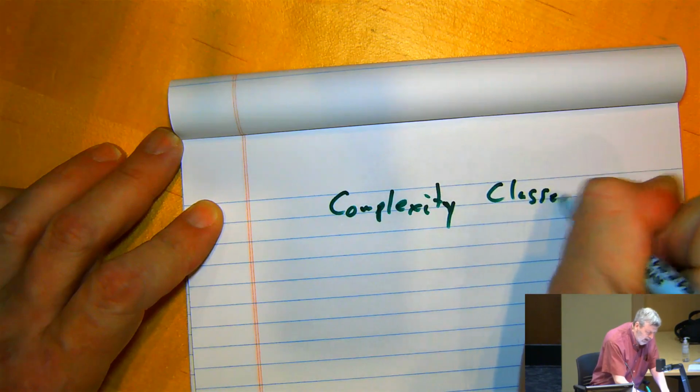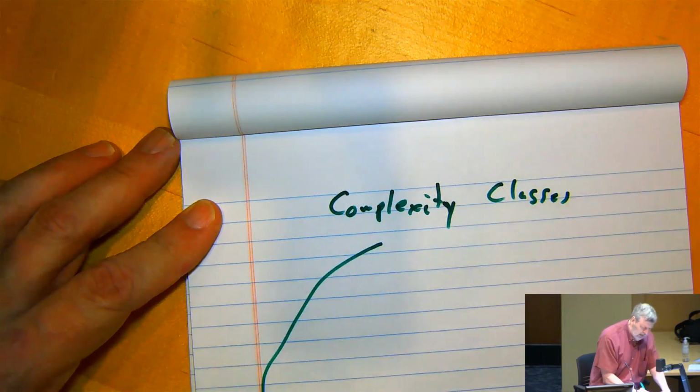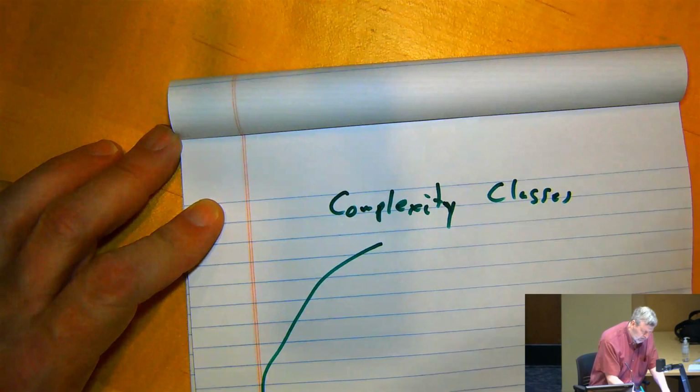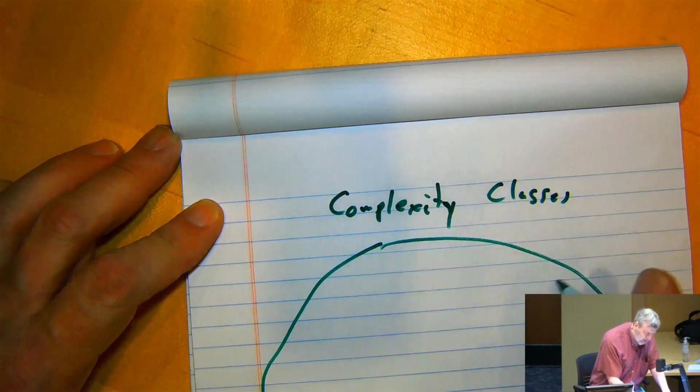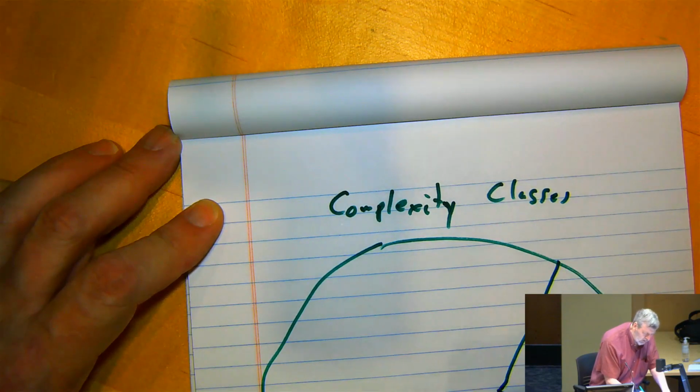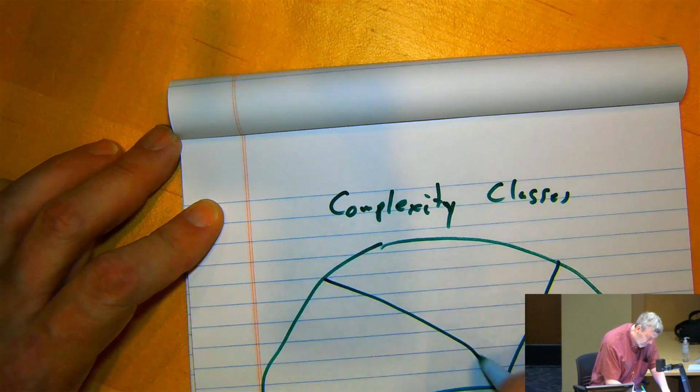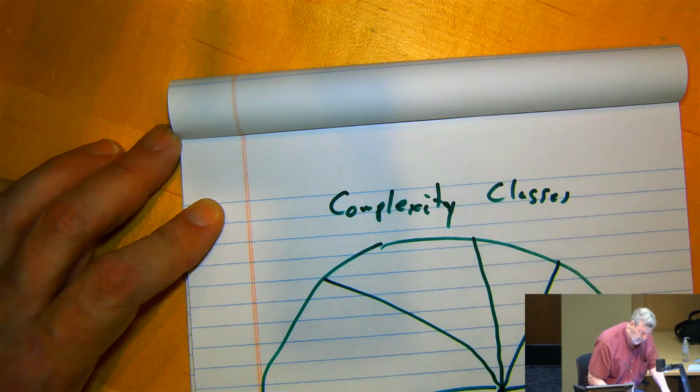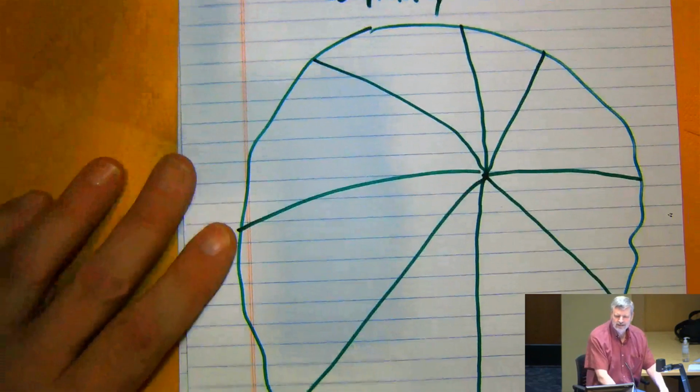As computer scientists, we like to divide up the universe of algorithms into one chunk of algorithms here, another chunk here, another here, and here, and here. So let's take a look.